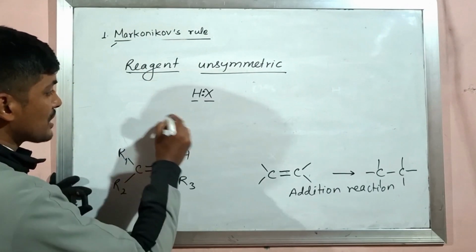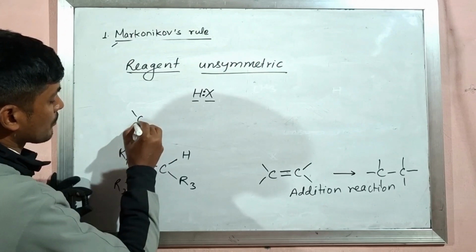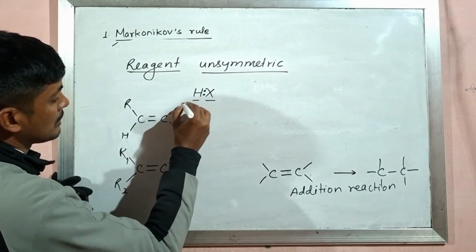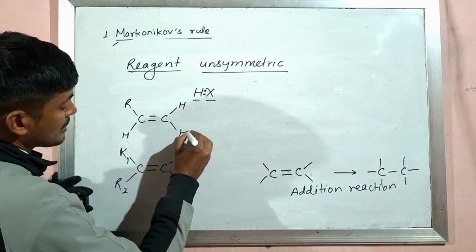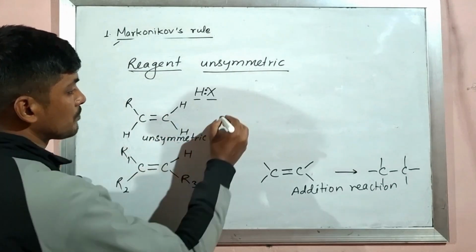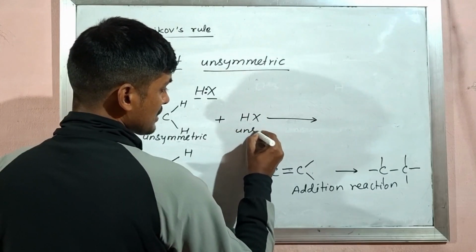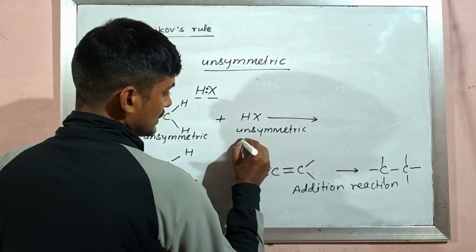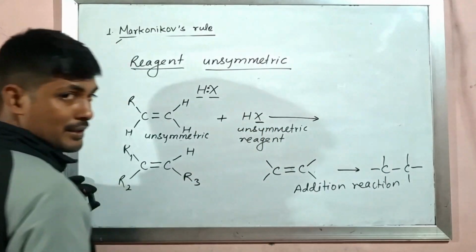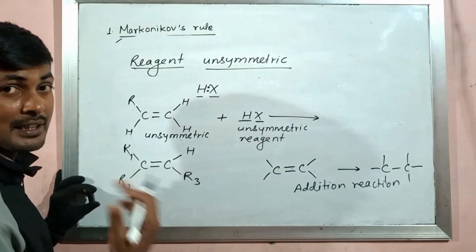Now what happens when this unsymmetric reagent is added to the unsymmetrical alkene? The electronegative part and the electropositive part of the reagent break and form an electrophile and a nucleophile.